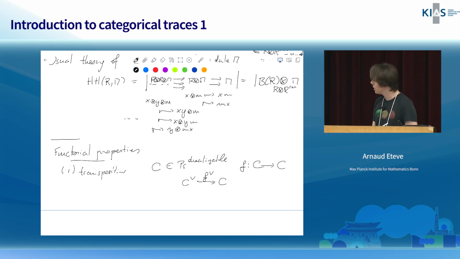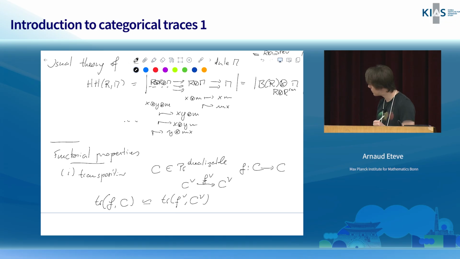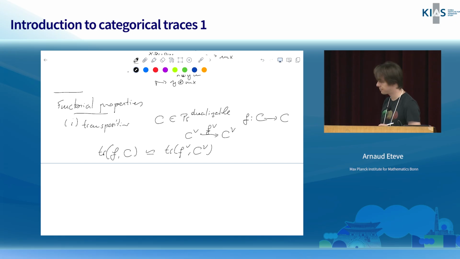In terms of matrices, this corresponds to passing to the transpose, and the trace of a matrix and its transpose are the same. It's a very general categorical property. So there is a canonical isomorphism between the trace of F on C and the trace of F dual on C dual. That one shouldn't surprise you.